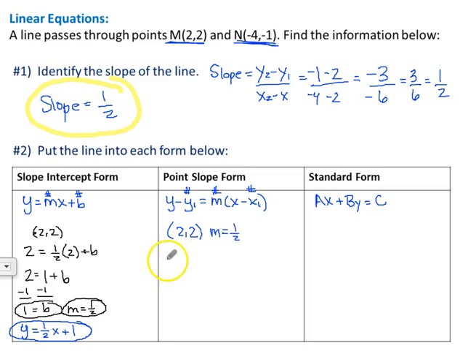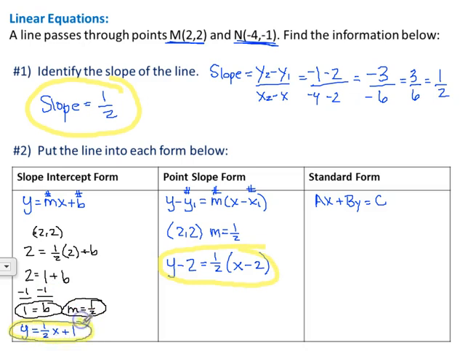So let's plug that in to point slope form. So y minus, my y coordinate is 2, equals m, I substituted my slope, 1/2, times x minus x1, it happens to be 2 as well. And I'm done. That's our point slope form right there. Let me go ahead and circle that.